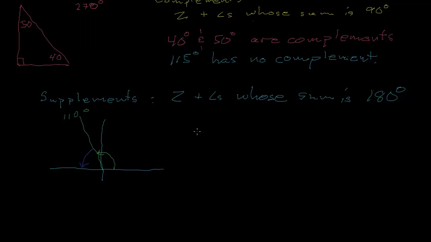And so that angle would be 180 minus 110, which would be 70. So this is 70 degrees. So as our example, 110 and 70 are supplements, or supplementary angles.